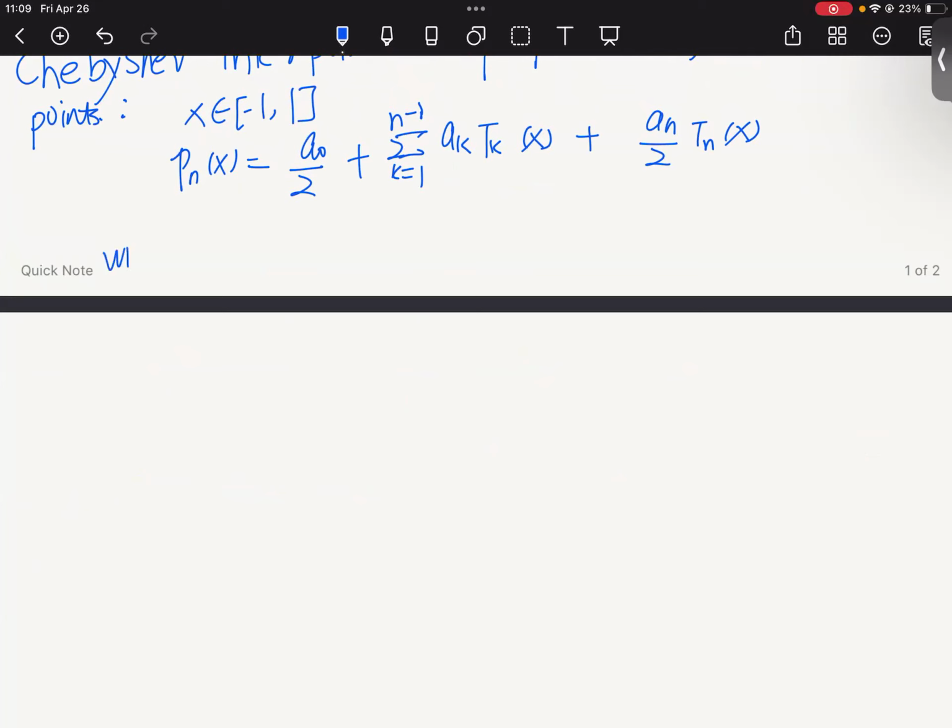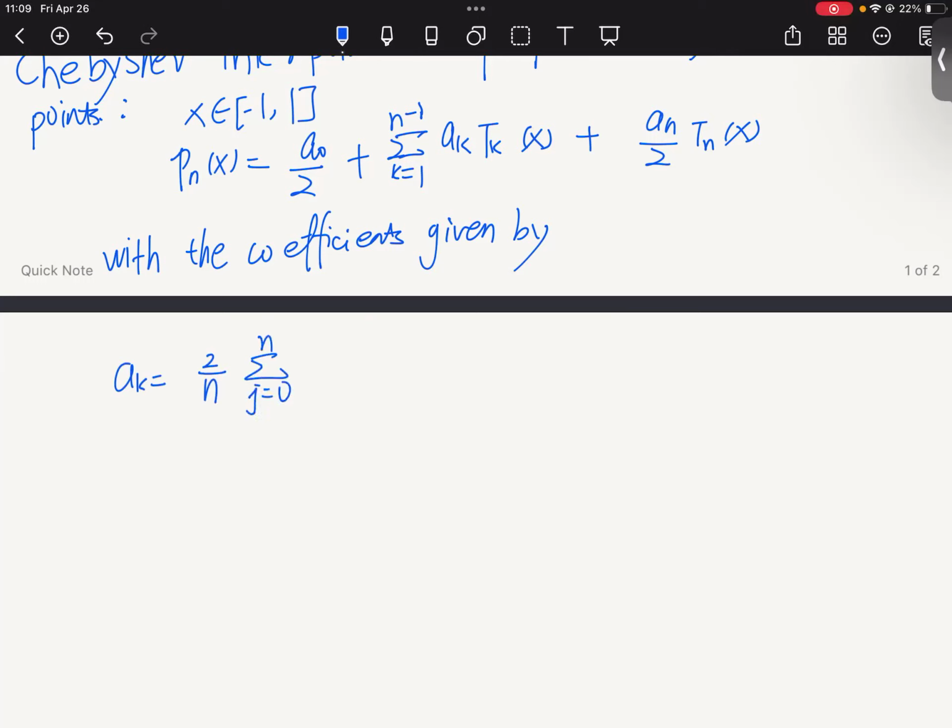The coefficients are given by a_k equals 2 over n, times the sum over j from 0 to n of the function f evaluated at cosine theta_j, times cosine k theta_j.